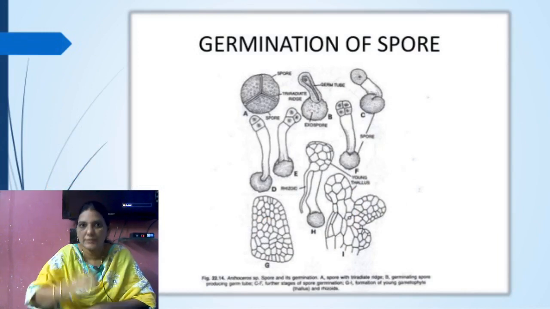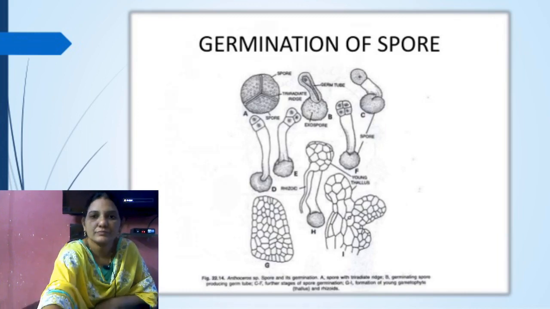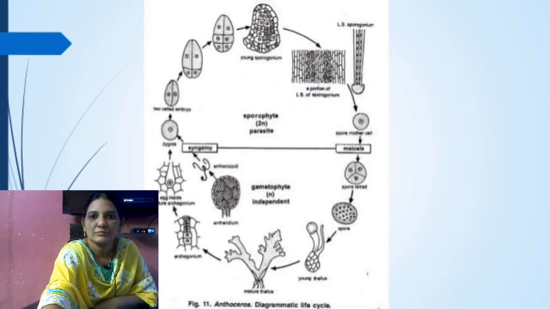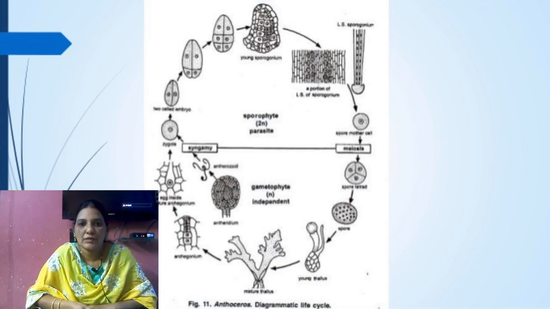So here is the germination of the spore. So this is the Anthoceros life cycle.